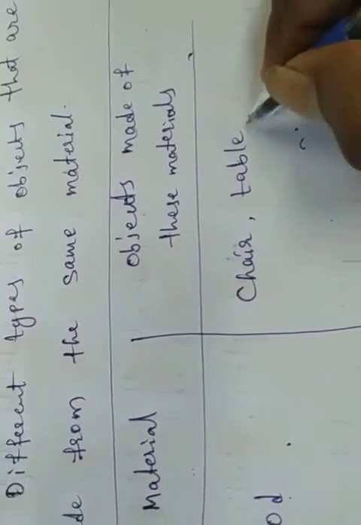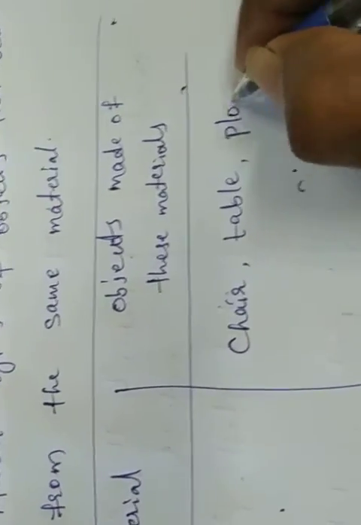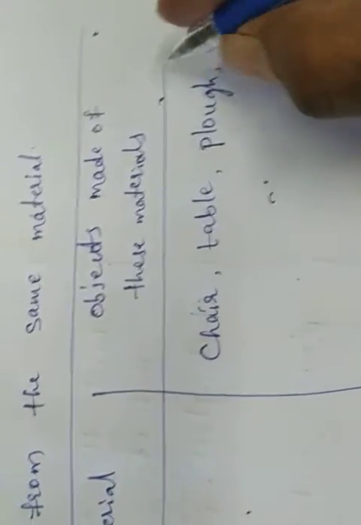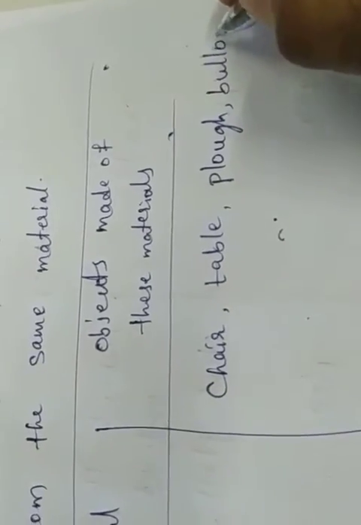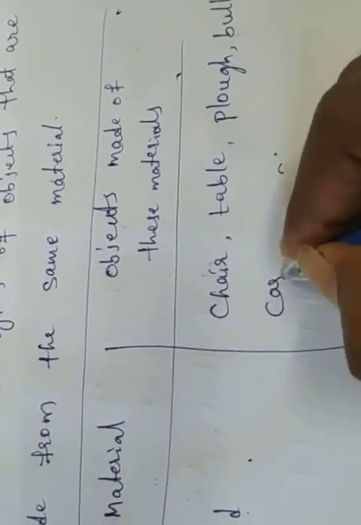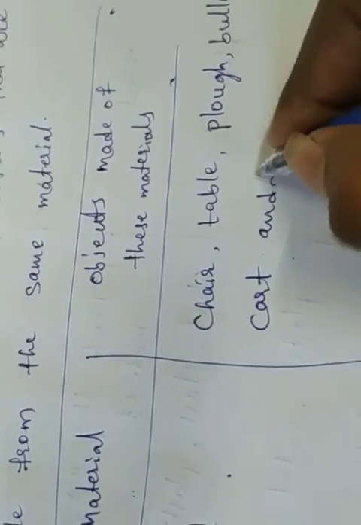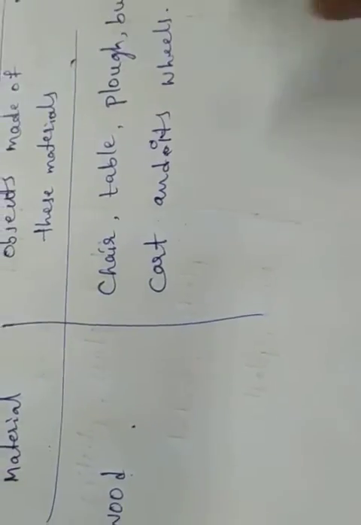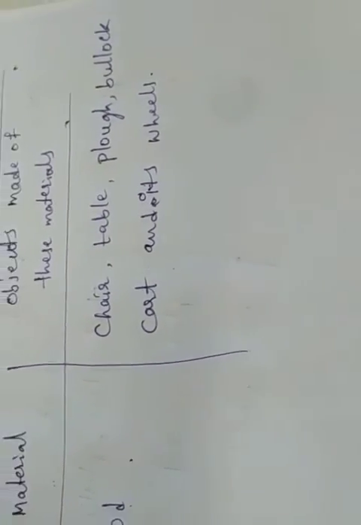Okay, I will list them out: table, bullock cart, plow, and bullock cart with its wheels. With wood we can also prepare cupboards and beds.